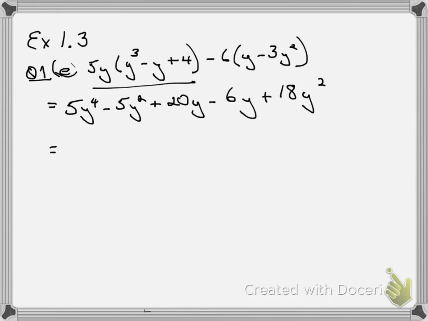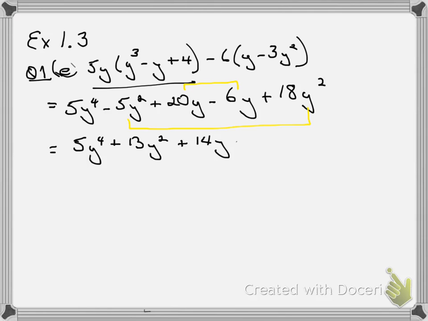Now simplifying that, I'm going to collect my like terms, which will be only those ones and these ones. So by doing that, I'm going to end up with 5y to the 4th plus 13y squared plus 14y. And that's the first one done.